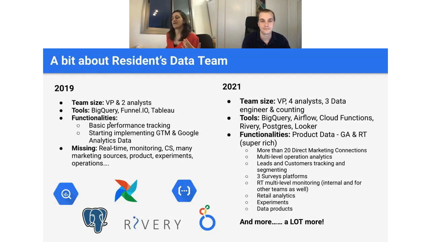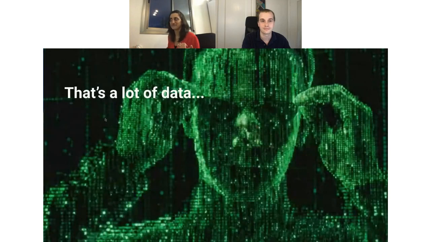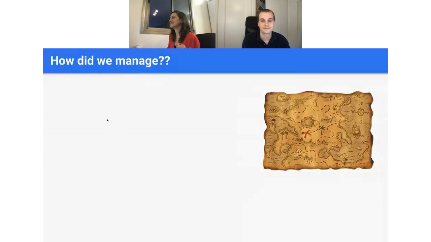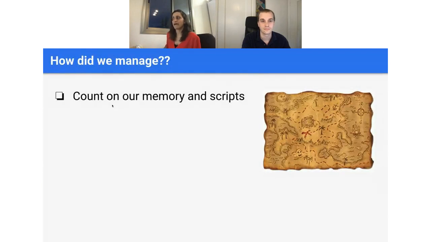So I'm going to tell you how we did it before Monte Carlo and how we did it after. So how did we manage before? If I want to make a change in a table or in a process, I need to understand what it affects, how many views, how many tables.